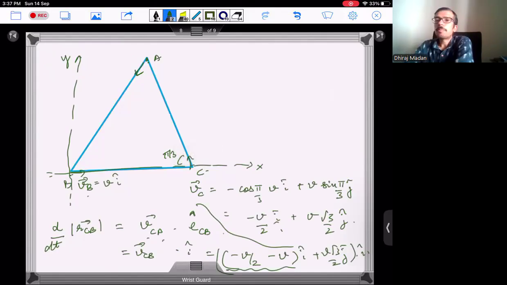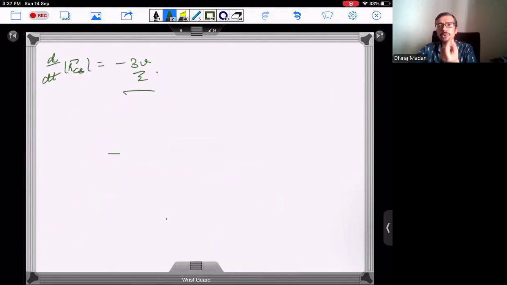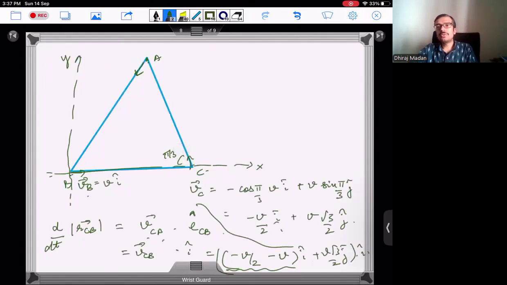So essentially, for points B and C, the distance is decreasing, and the magnitude of the rate of change of this distance is 3V by 2. This is the rate at which the distance between B and C is going to decrease. Now, similarly, for A and B also we can compute, and we'll find that the distance is always decreasing with the magnitude of the rate being 3V by 2, and similarly for A and C as well.